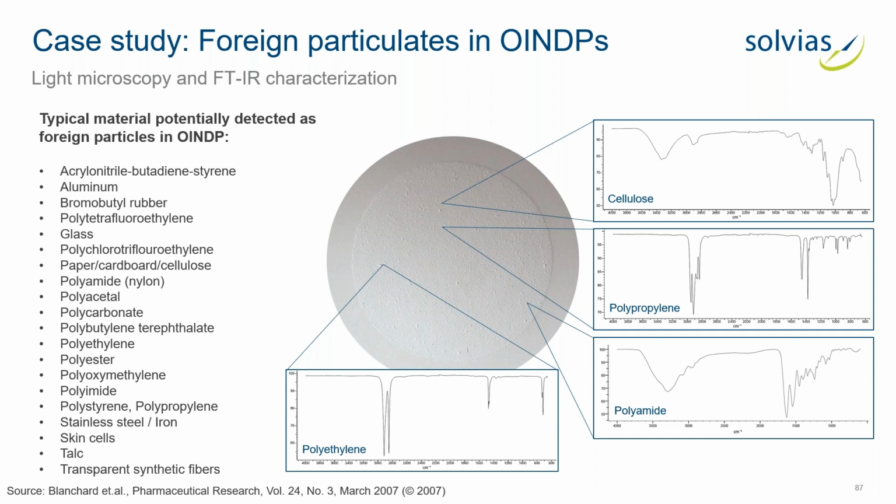It's quite a challenge to get it out. Usually it's quite helpful and a practical approach to get it dissolved and do a filtration. And then a lot of different polymers can be found as shown in the different IR spectra and listed on the side. Because there is a contact between the drug product and the surrounding device, of course.